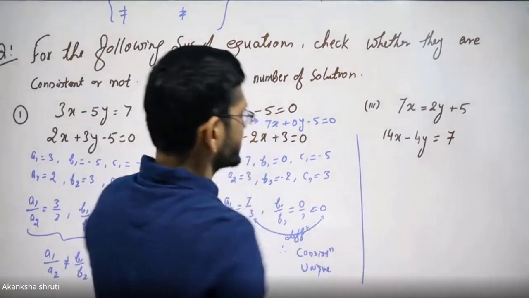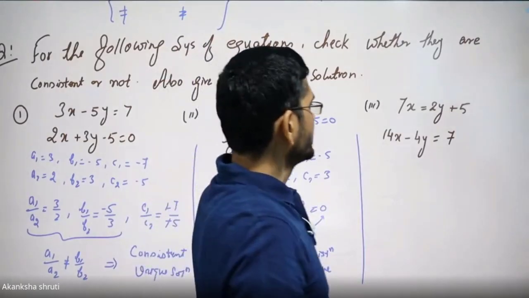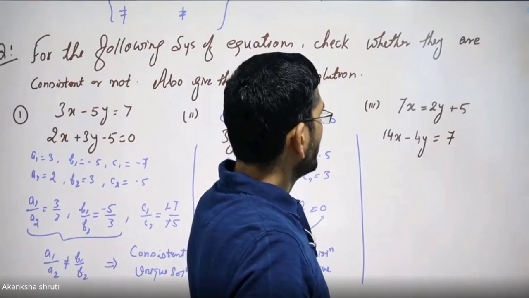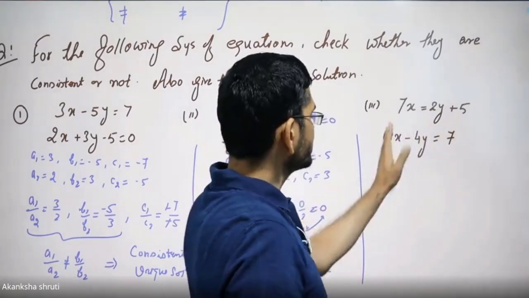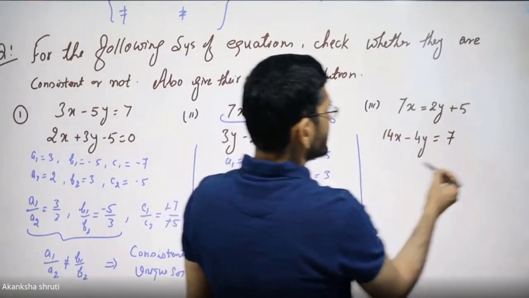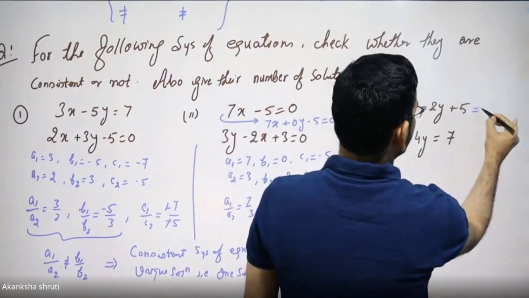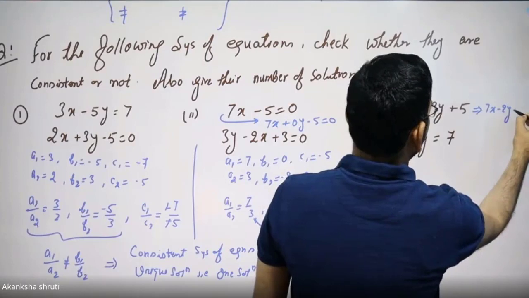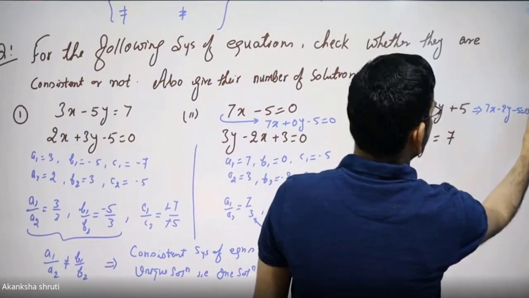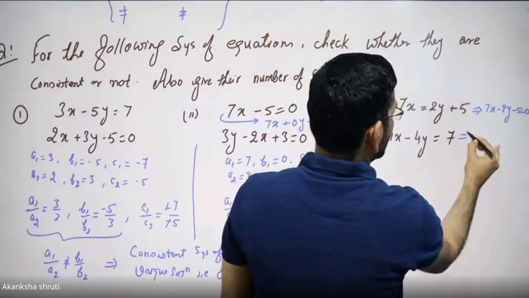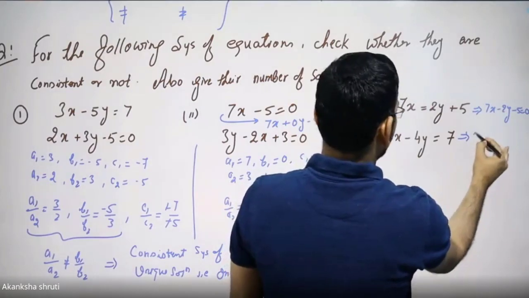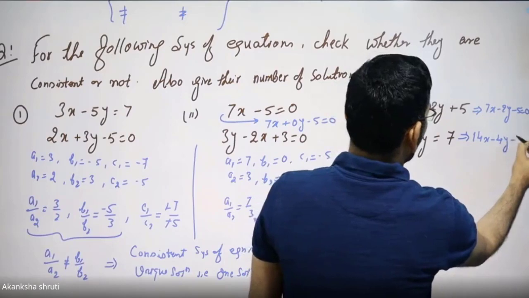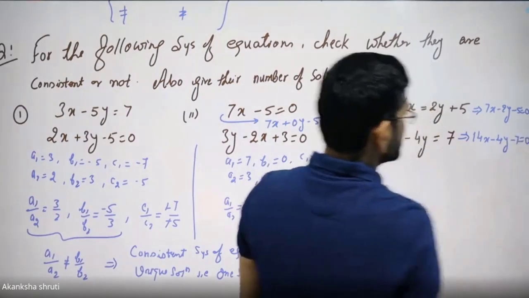Let us come to the third one. Again, we need to write in the standard form. So the first one, we have 7x minus 2y minus 5 is equals to 0. From the second equation, we have 14x minus 4y minus 7 is equals to 0.